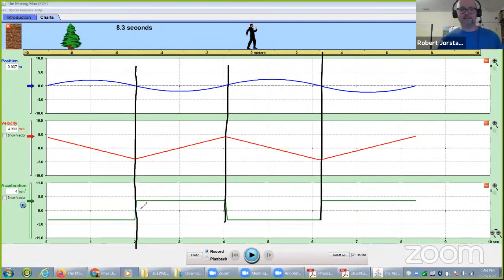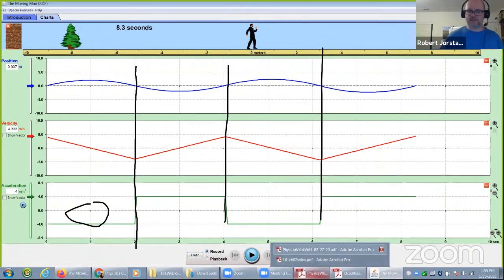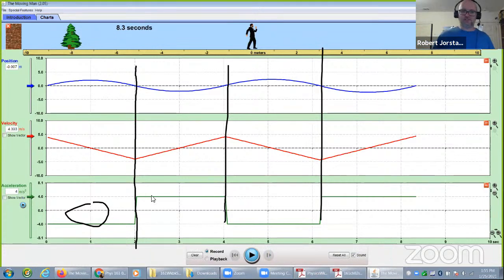And the idea is during this stage, acceleration should be -4. Oh, and let me, there we go. That way you could see it a little bit better. The idea is you could just do separate problems using your constant acceleration kinematics and approximate an oscillation this way if you wanted to. All right.